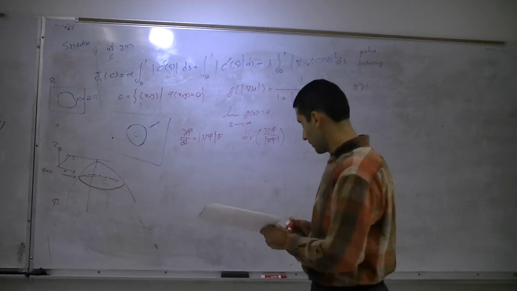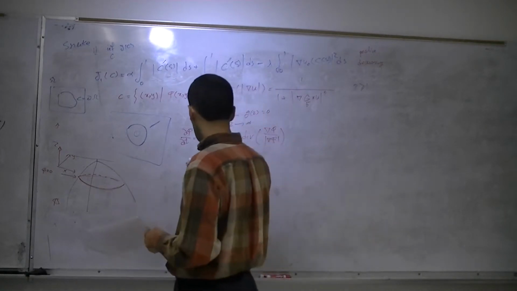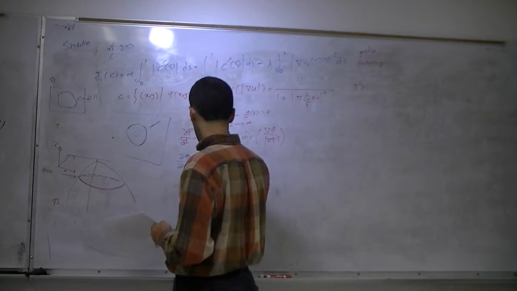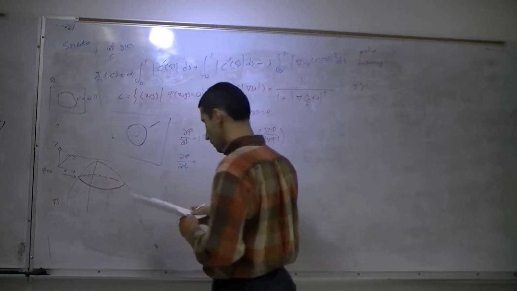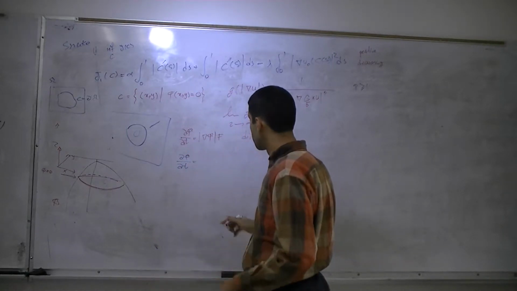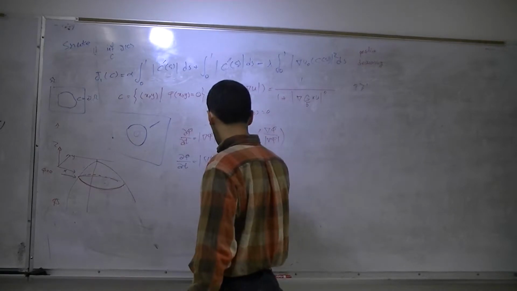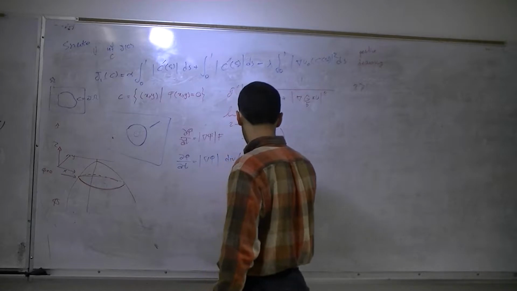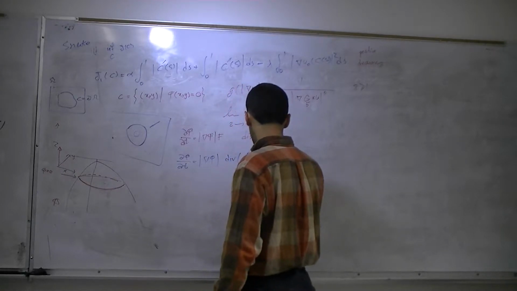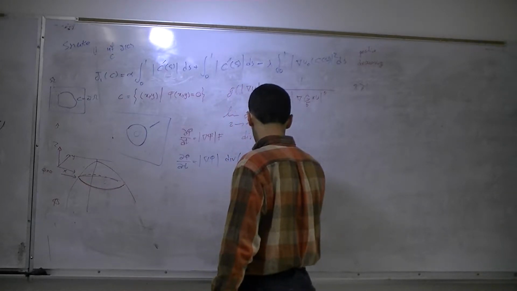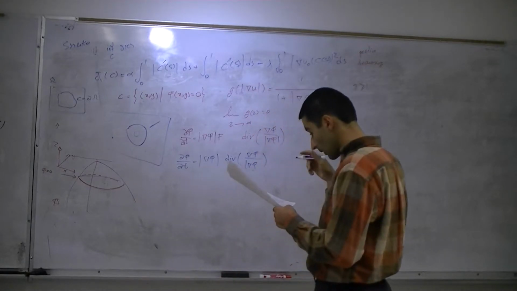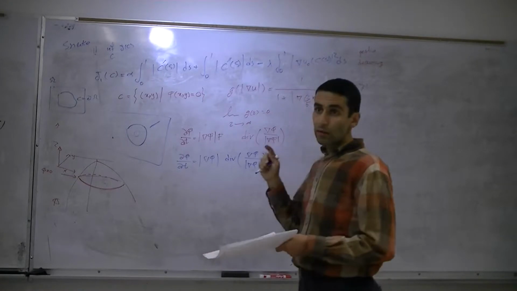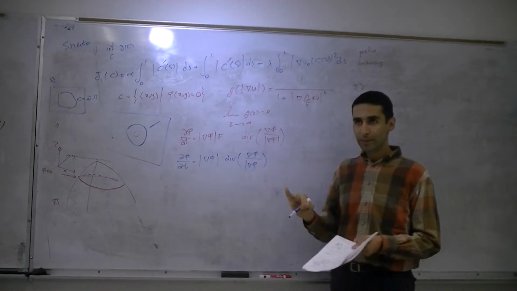Here we have phi t equal to the absolute value of the gradient of phi times the divergence of the gradient of phi over the absolute value of the gradient of phi. Here we have three parameters.